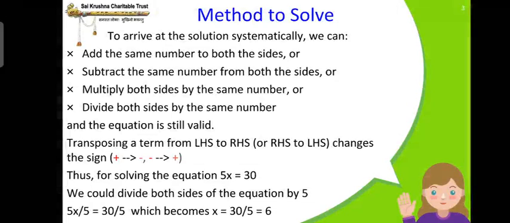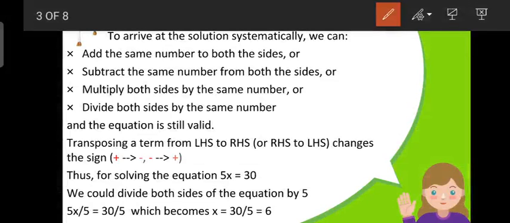Thus, for solving the equation 5x equals 30, see here, 5x is equal to 30. Here we want only x to find out, right? So 5 into x is there, right? In order to remove the 5, you have to divide both sides by 5.